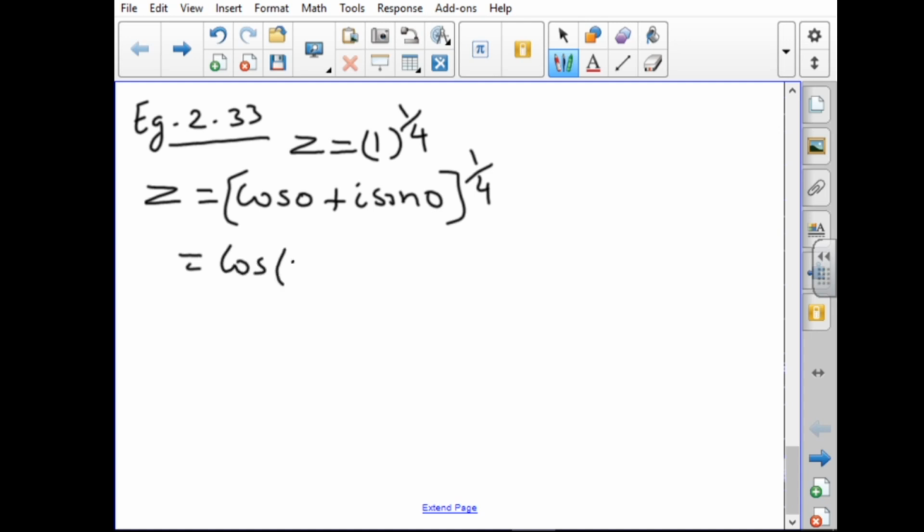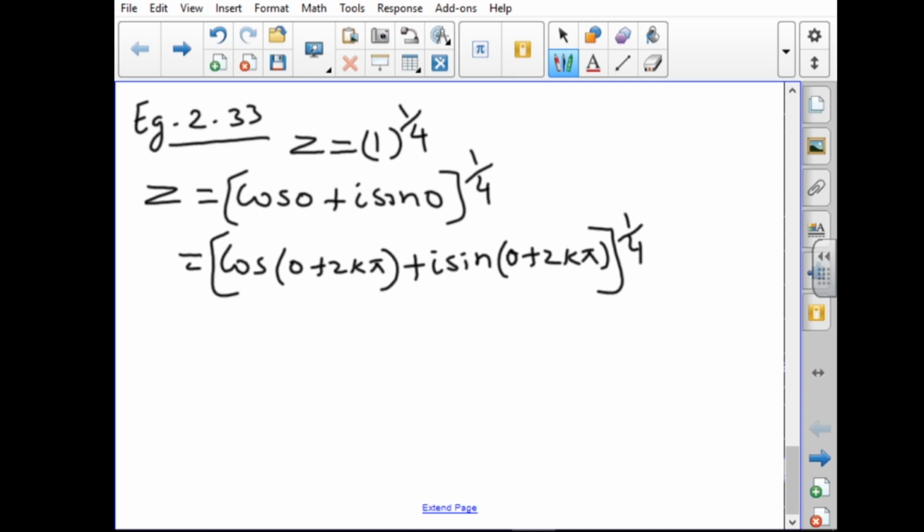So cos 0 plus 2k pi plus i sin 0 plus 2k pi, the whole power 1 by 4. Third step, apply De Moivre's theorem. So cos 0 plus 2k pi, we can also take it as 2k pi, so 2k pi by 4 plus i sin 2k pi by 4.